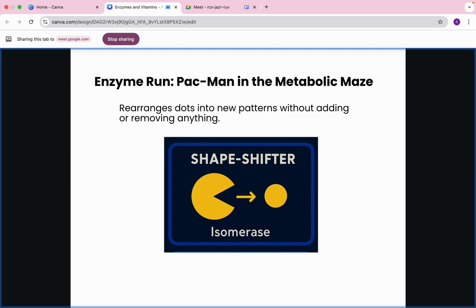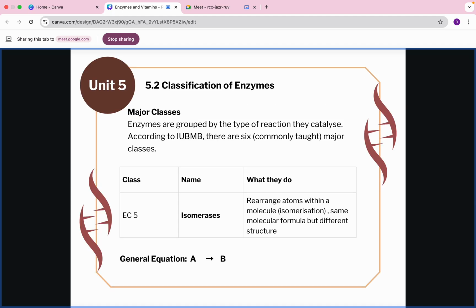So for example, this actually happens in glycolysis, where glucose is rearranged into fructose. So we know that glucose and fructose are actually isomers. So those are the examples wherein isomerization reaction takes place. Okay, so let's take a look at the basic definition of an isomerase.